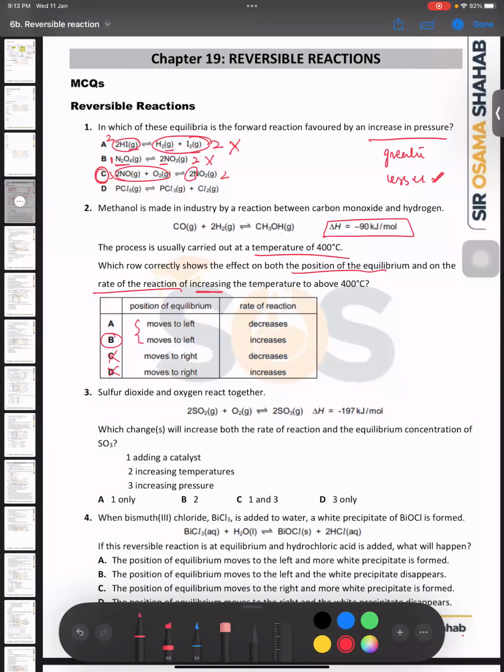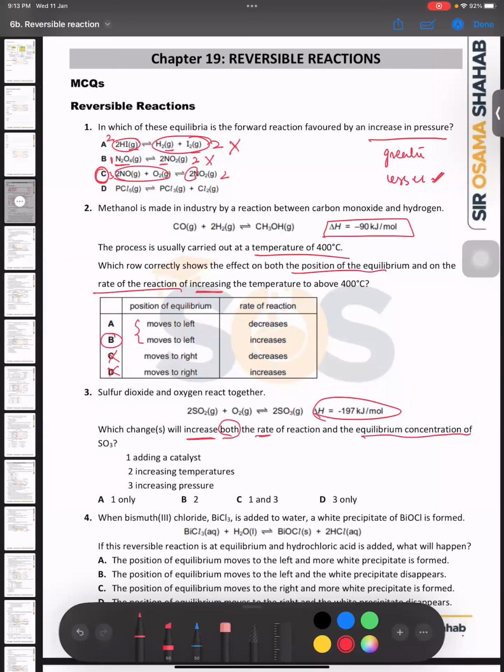Yes, sir. Okay, in the third one, you can see that sulfur dioxide and oxygen react together, and the reaction is again exothermic. Which change will increase both the rate of reaction and the equilibrium concentration of SO3? You need to see both the words, rate of reaction and equilibrium. Which effect will increase both?